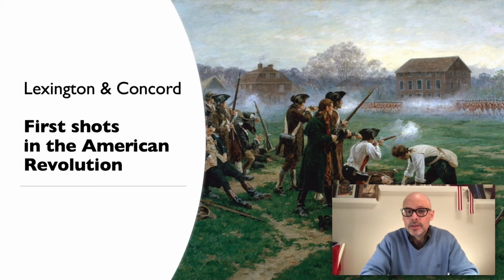So this is Lexington and Concord. The Minutemen, the militia, are going to take some shots at the British soldiers. And the fighting continues to the next town, called Concord. So this is a small skirmish, but this is the first real battle of the American Revolution. Shots have been fired. At this point, they don't know it's going to turn into a full-out war, right?